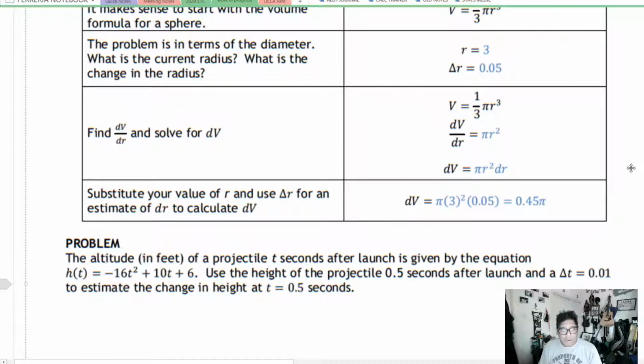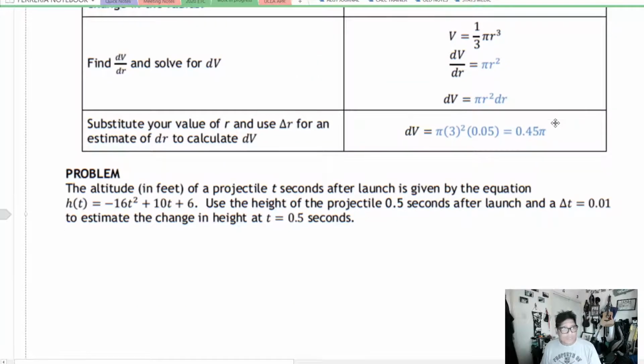So if the radius is currently 3 feet, and we increase the radius by 0.05 feet, that means that the volume is going to change by approximately 0.45 multiplied by pi cubic feet. All right, so we can estimate that change in volume very nicely just by using our derivative formulas.